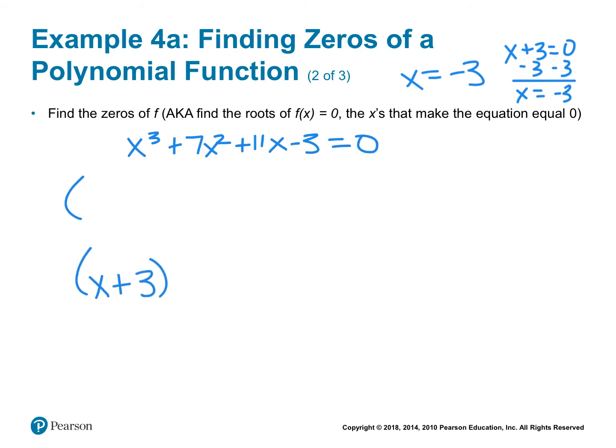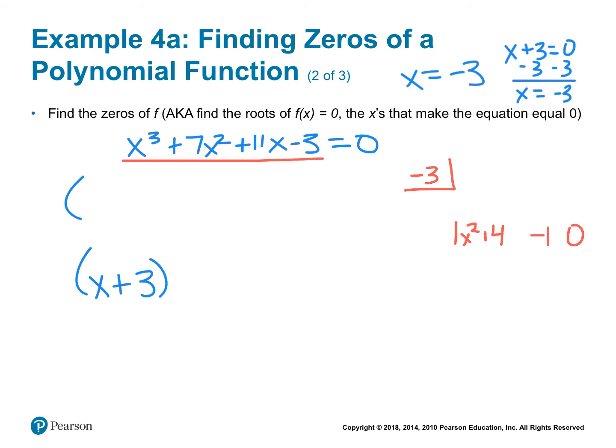The easiest way to do this is to think back to what we just had. When we tested negative 3, we ended up with a 1, a 4, a negative 1, and a 0. And that came from this formula. So that means this would have been x squared, because that's 1 less than the x cubed.